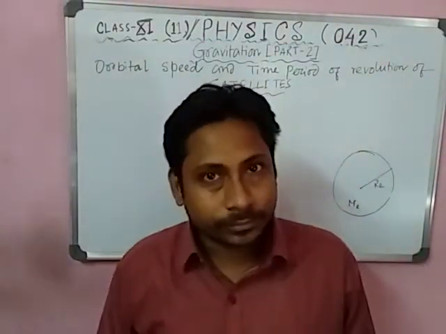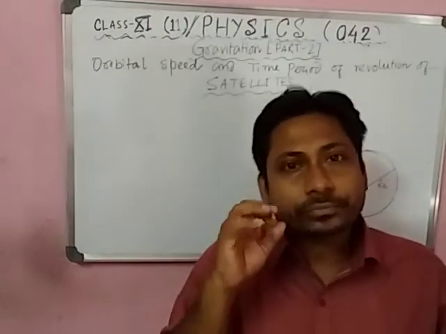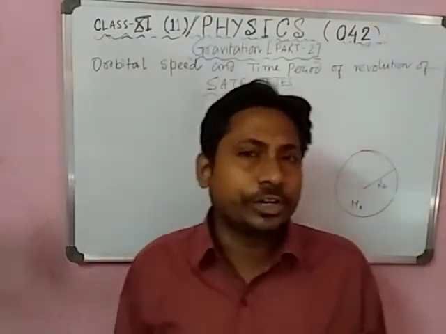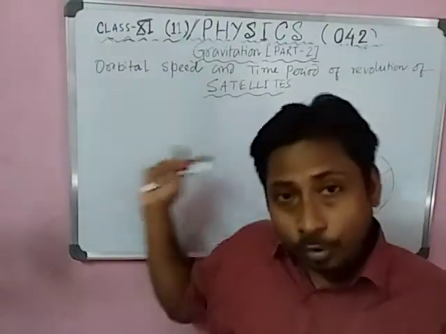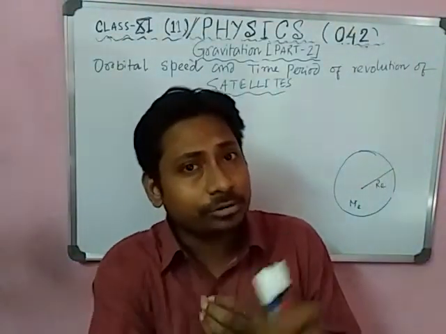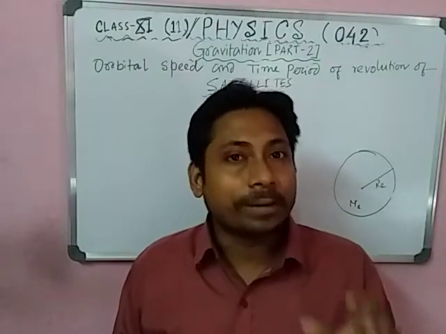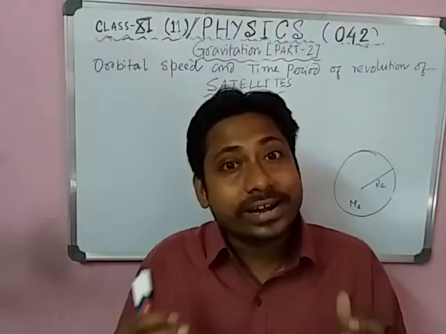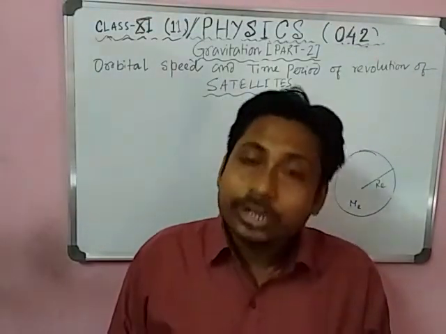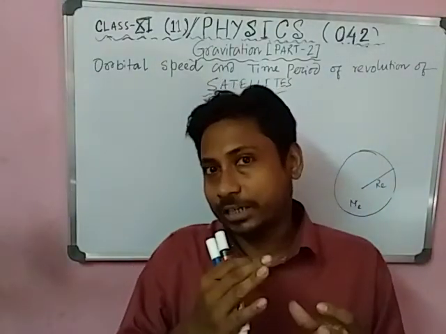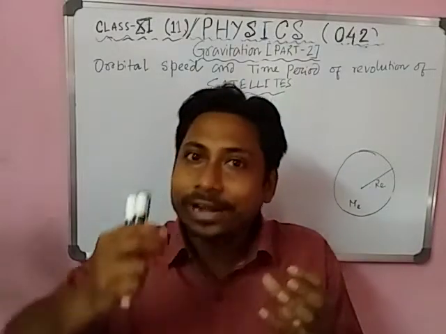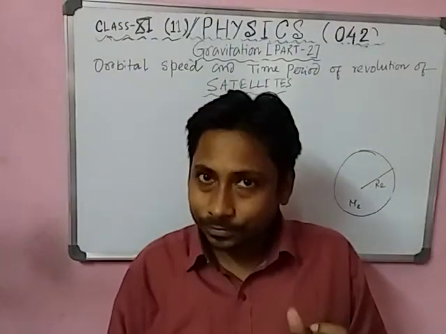In this video we are going to learn the motion of a satellite like the moon. The mass of Earth is 80 times heavier than the moon, so we think Earth is a stationary object and the moon is a satellite which revolves round the Earth.